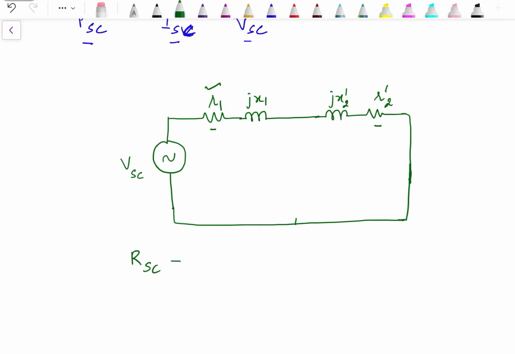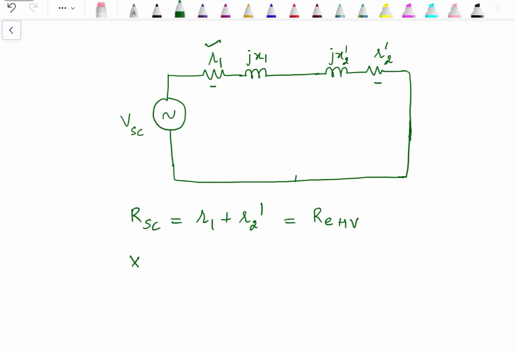So RSC, the short circuit resistance, will be R1 plus R2 dash, which we can say actually equivalent resistance on high voltage side, since this test was performed on high voltage side. Also, XSC will be equal to X1 plus X2 dash, which is equal to X equivalent referred to high voltage side.